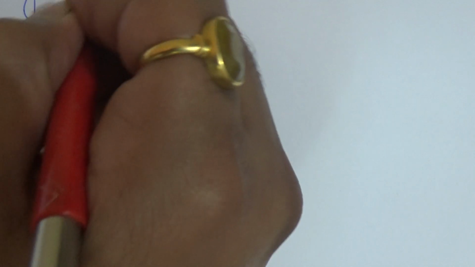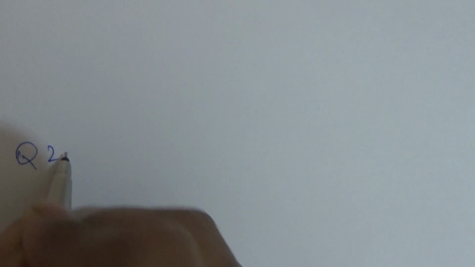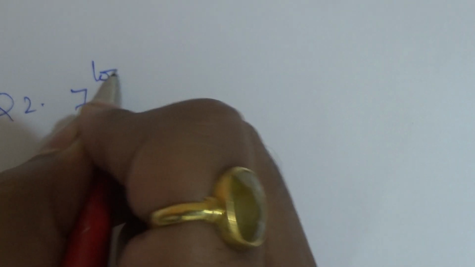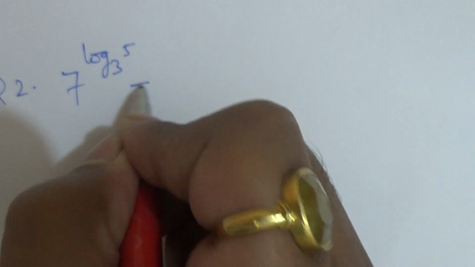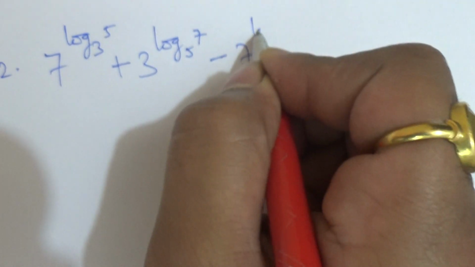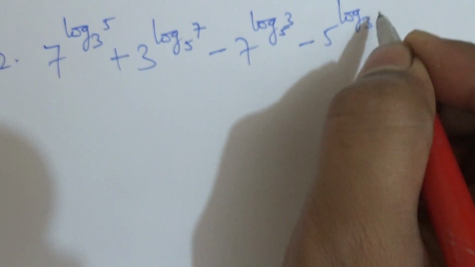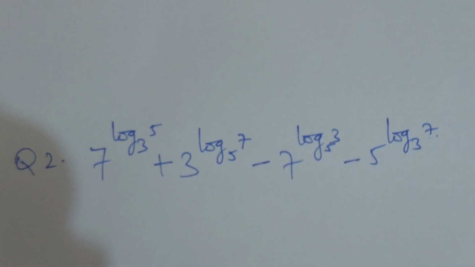Find the value of log 1728 base 2 root 3. And second, 7 to the power log 5 base 3 plus 3 to the power log 7 base 5 minus 7 log 3 base 5 minus 5 log 7 base 3.